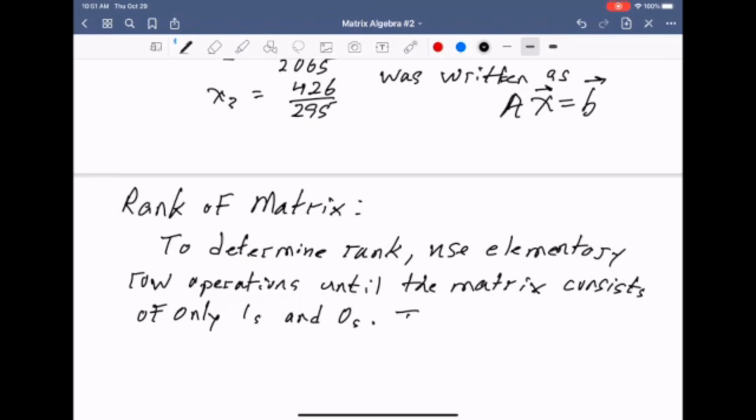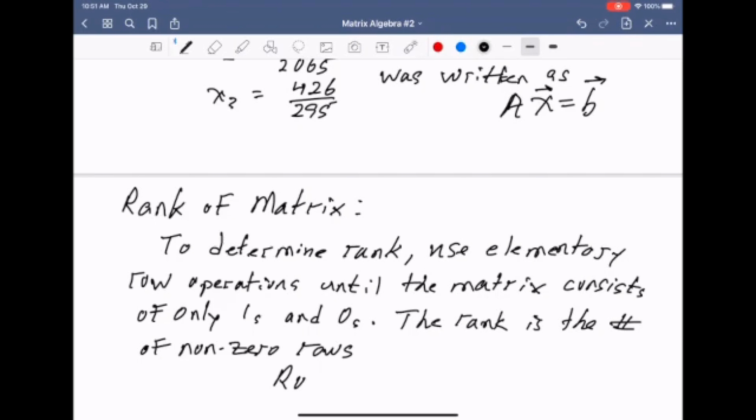The rank then is the number, which we denote like that, the number of non-zero rows. And the row rank, so the number of non-zero rows, is equal to the column rank.